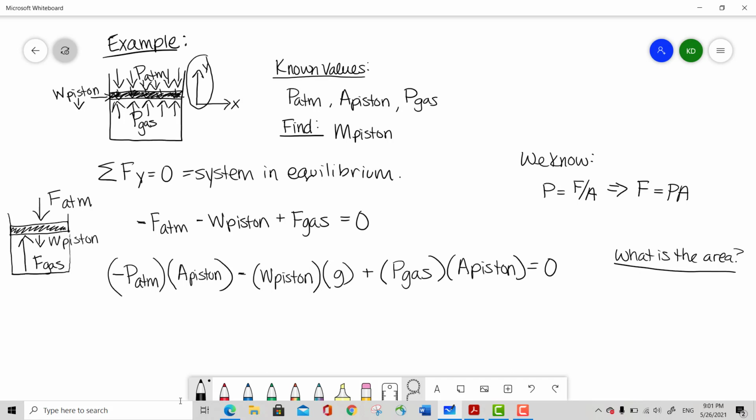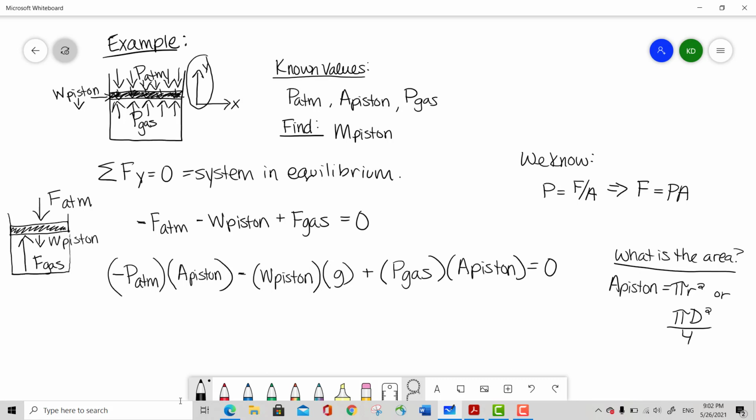It's going to be a circle, and we do have a formula for that. So the area of a piston equals pi r squared, or pi diameter squared over 4, depending on which one you're given, whether you're given the radius or the diameter.